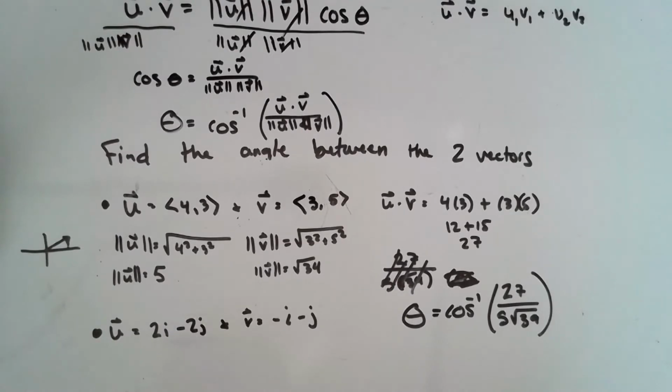If you are doing radians, I'd write my answer as point whatever radians. So, cosine inverse of 27 divided by 5 times the square root of 39.